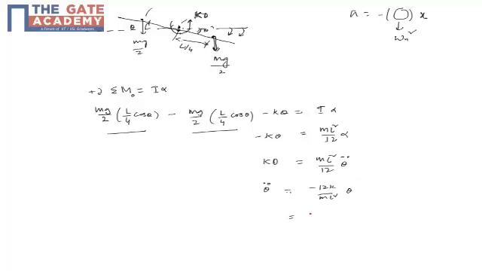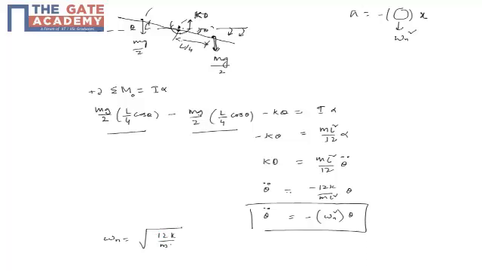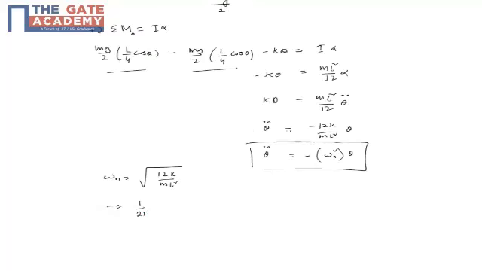Comparing with the standard format, omega n is root of 12k by ml squared. That is my omega n, and my linear frequency in cycles per second will be 1 by 2 pi times omega n, which is root of 12k by ml squared. So this is a very simple problem.